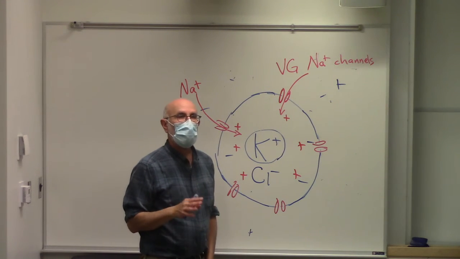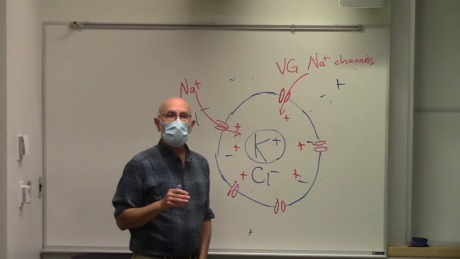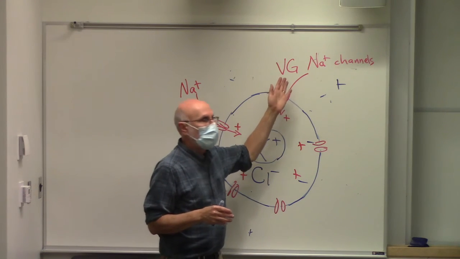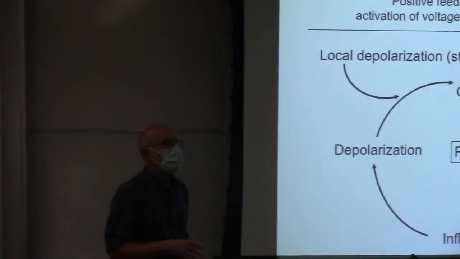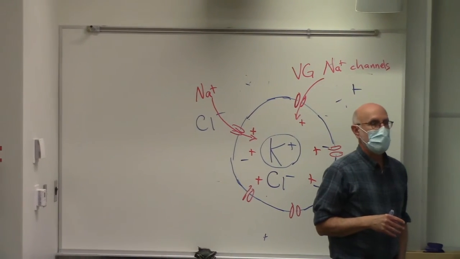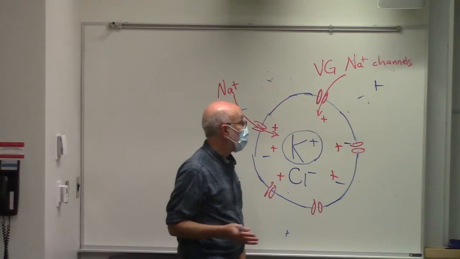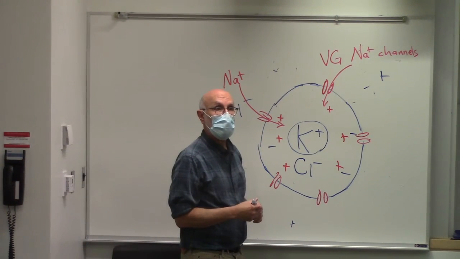What happens to sodium channels after they open and after they all undergo this loop? There's a word for what they do. They inactivate. So they undergo another conformational change. The voltage opened them, and then they inactivate.